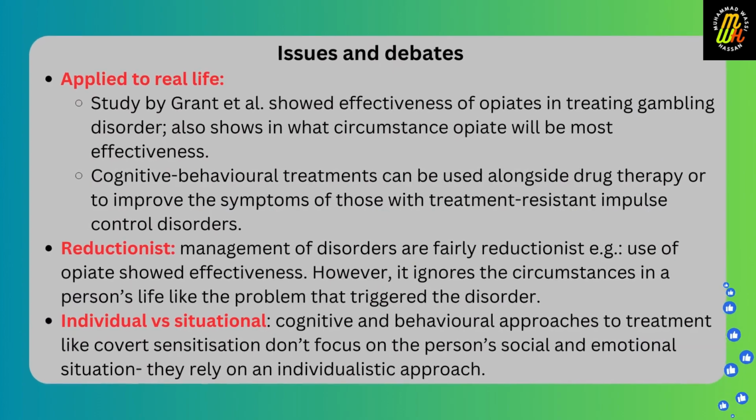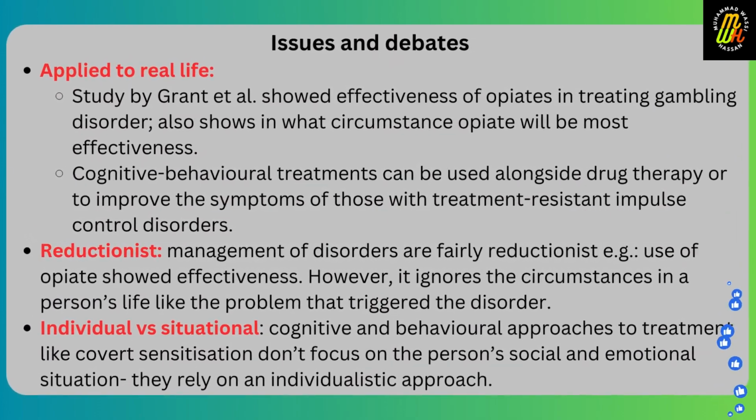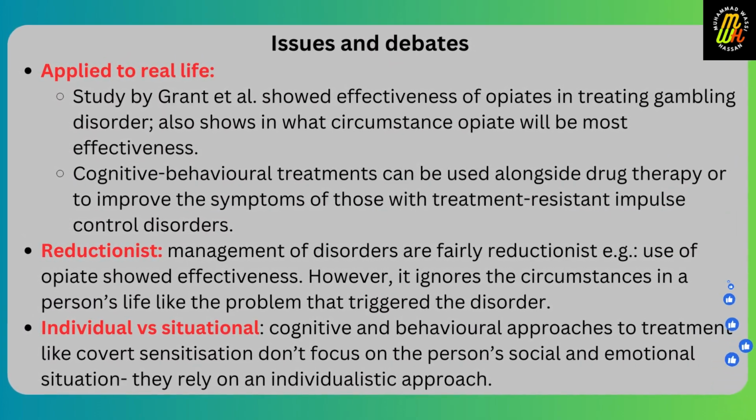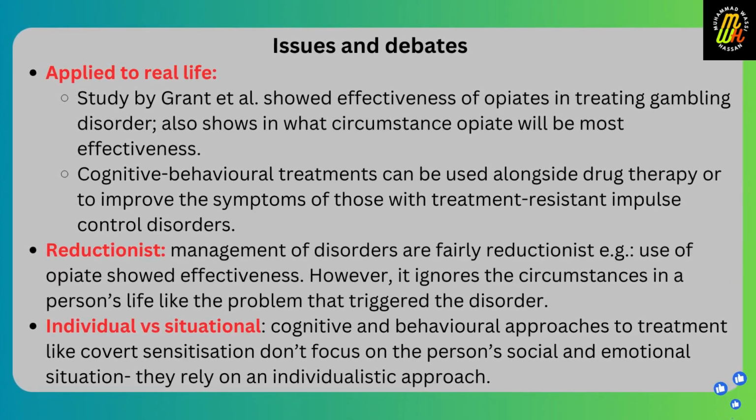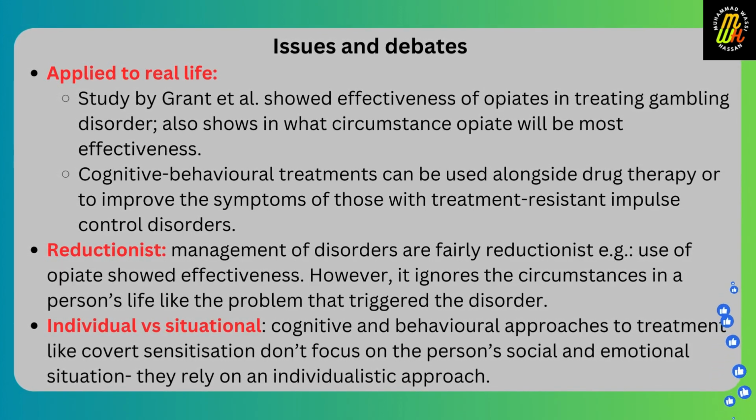Issues and debates applied to real life. Study by Grant et al. showed effectiveness of opiates in treating gambling disorder. Also shows in what circumstances opiates will be most effective. Cognitive behavioral treatments can be used alongside drug therapy or to improve the symptoms of those with treatment-resistant impulse control disorders.